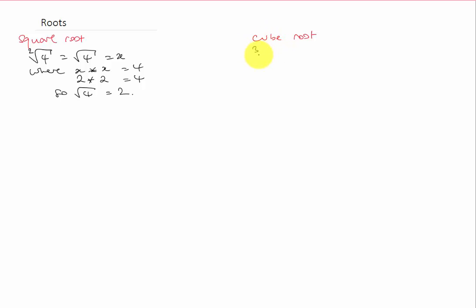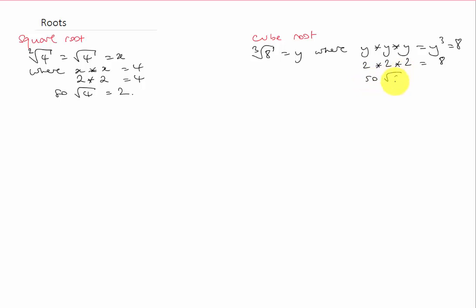And similarly, the cube root is written like that. So here we've got to find a number that multiplies by itself 3 times to make 8. So y cubed equals 8, so that's where the cube comes from, 3. And again, 2 is the answer, because 2 times 2 times 2 is equal to 8.